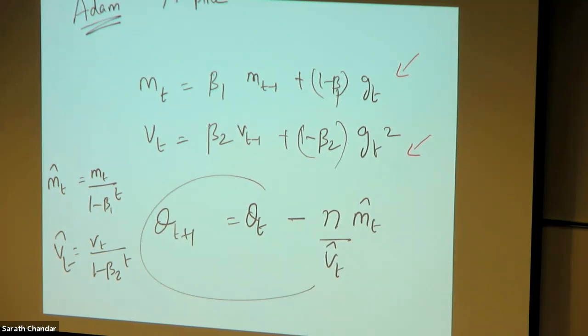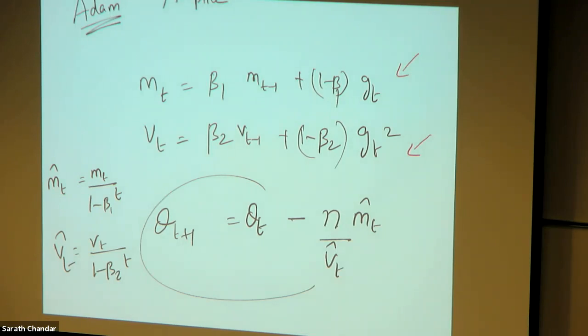Okay, first of all, Adam is the most default optimizer that you would see in every single paper that you are reading. The crazy thing is it's not a very old optimizer. I think Adam was introduced in 2015 or 16, but it has become the default optimizer that everybody tries.